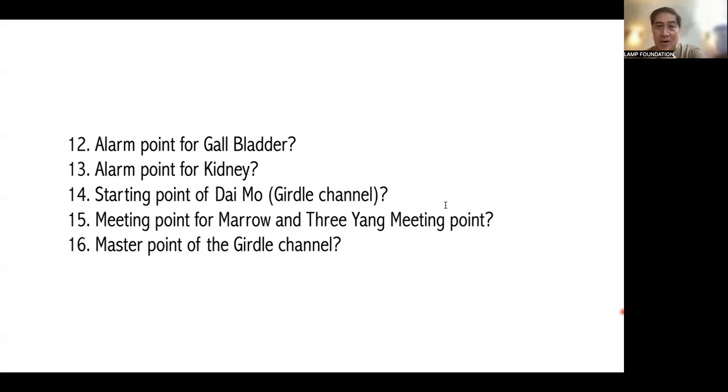Baka gusto mo sagutin yung alarm point for gallbladder. Oo, sa alarm point po. But doon po medyo may sagot ako dyan. Wait lang po ah. Dapat nilagay mo na sa utak mo yung sagot. Ano na ba tayo? 11, 12 na po.